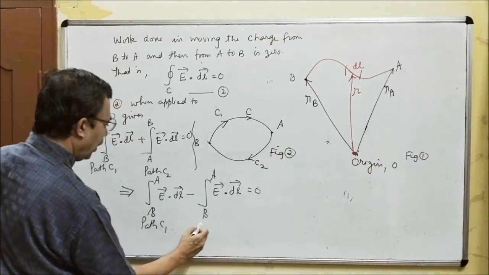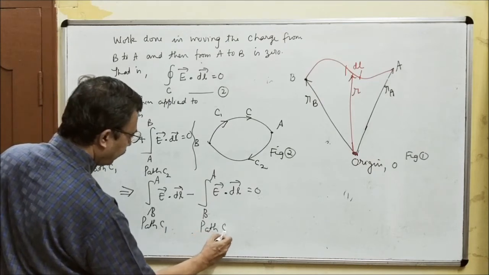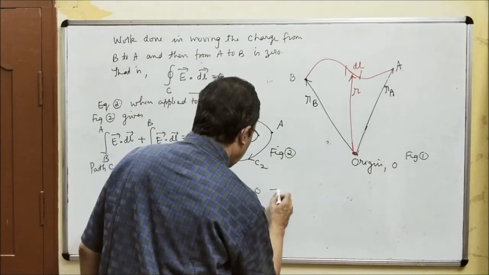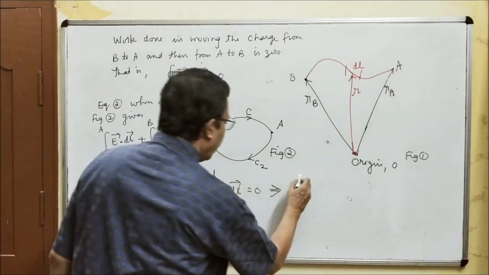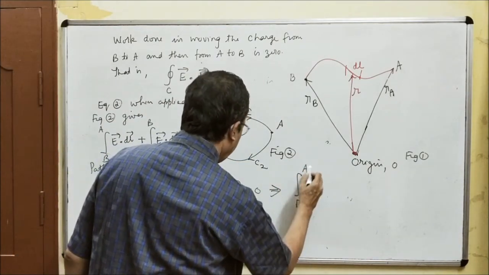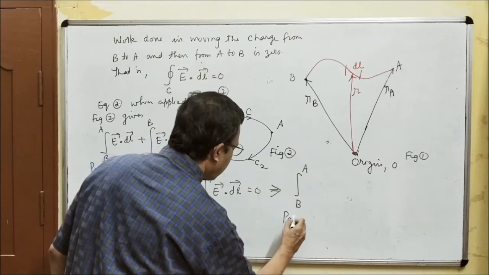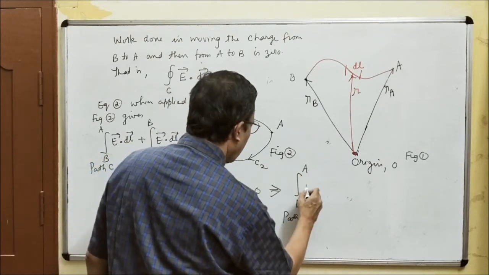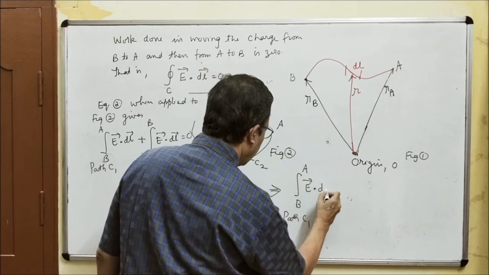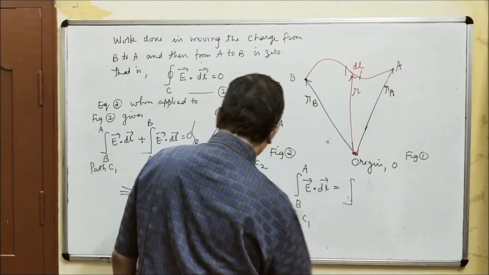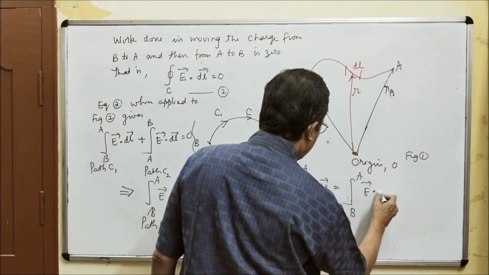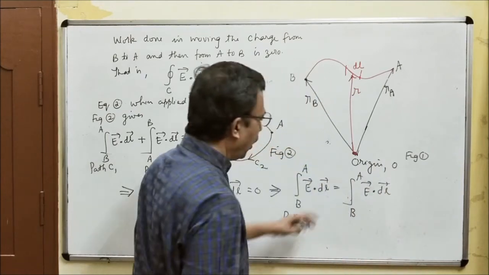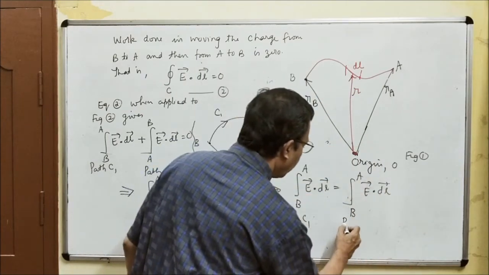This is along path C2. This in turn implies, take this integral to the right side. Integration from B to A along path C1 of vector E dot dl is equal to integration of E dot dl from B to A along path C2.